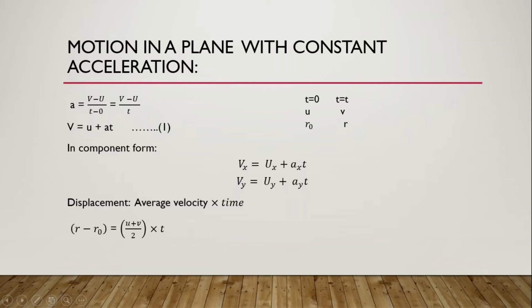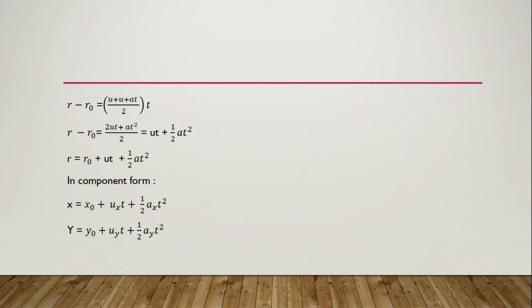So r minus r naught is equal to, from equation 1, in place of v we can write v is equal to u plus at, right? So just substitute here, u plus at in place of v, divided by 2, into t.